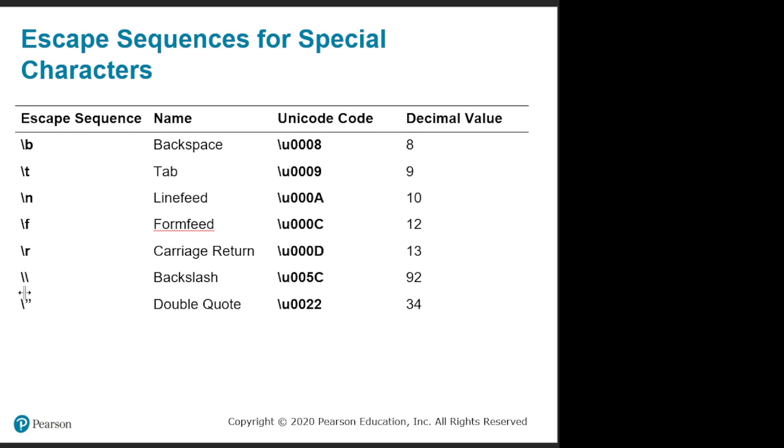To print a backslash, we put a slash in front of it. And to print a double quote, we put a slash in front of it. And these last two are really important. There's certain characters that get used by Java as commands. The slash is being used for any of these escape sequences. So we call the slash an escape.